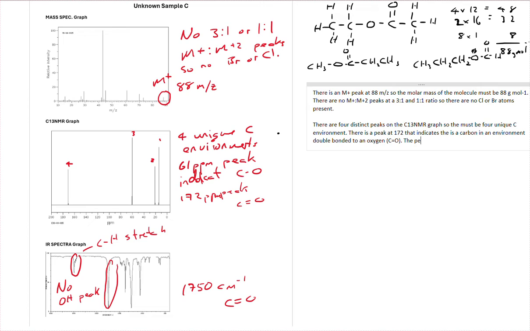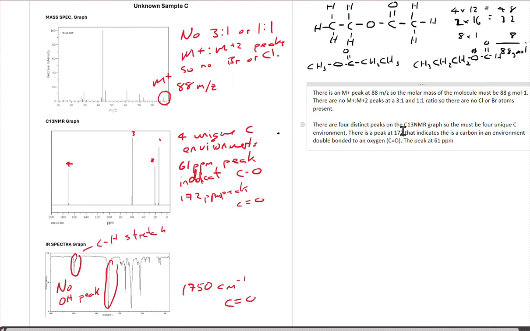The peak at 61 ppm. Let's go up here and change this. So I've got to make sure I put all my units correctly if I want to get excellence in this standard, because it is one of the requirements to use the symbols and units correctly.